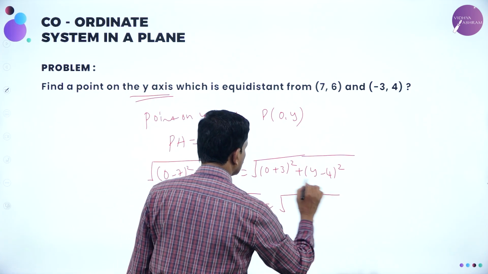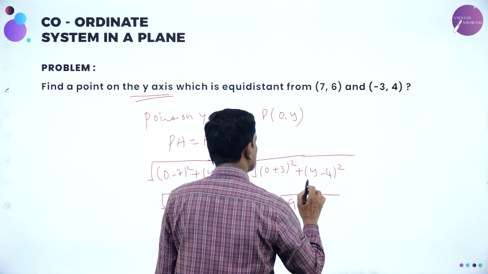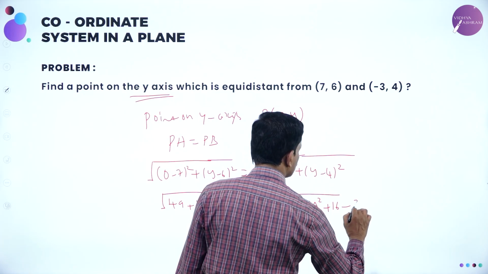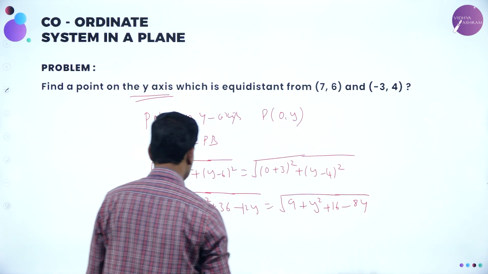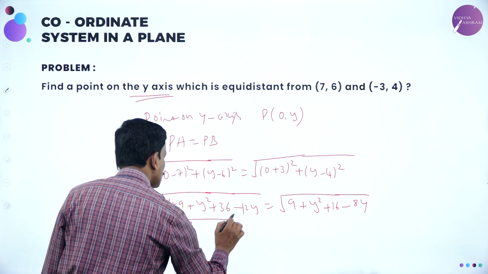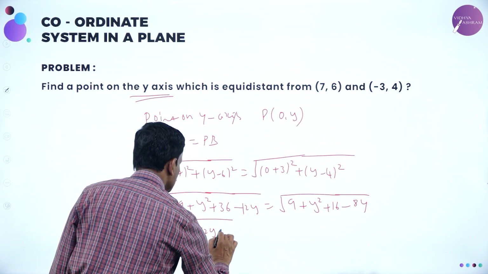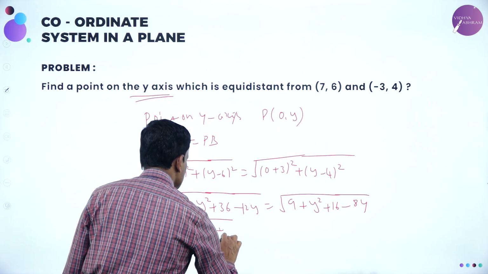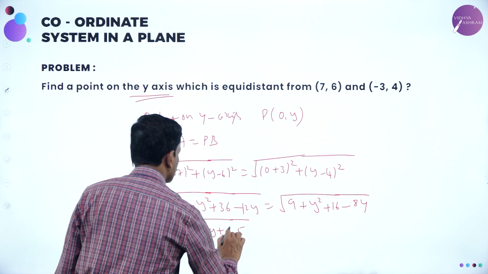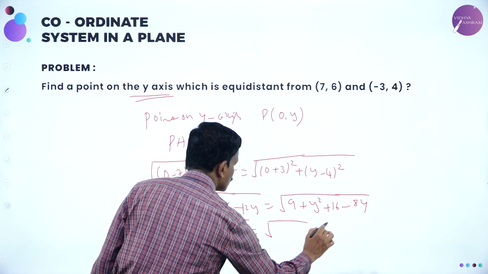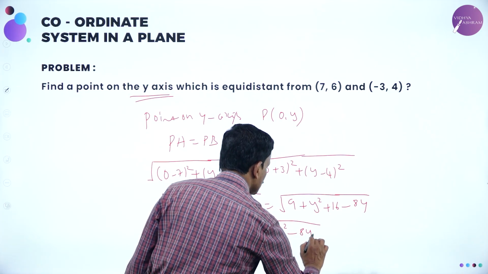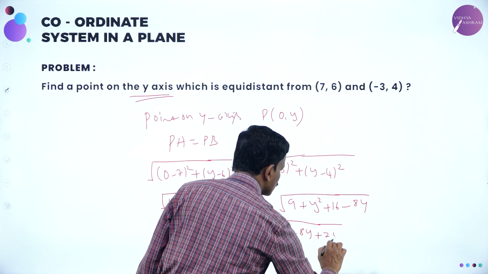On the other hand, 3 square is 9 plus y square plus 16 minus 4 twos are 8y.